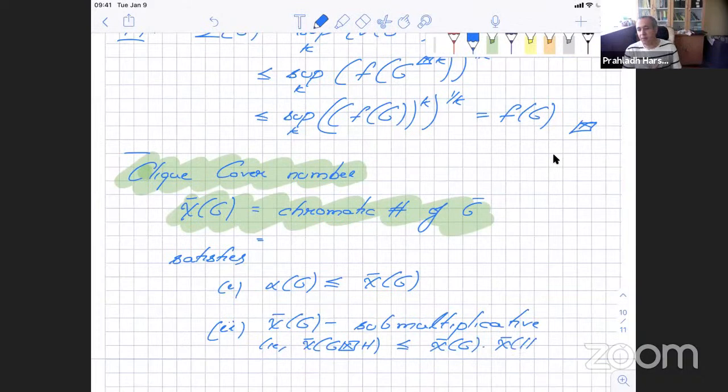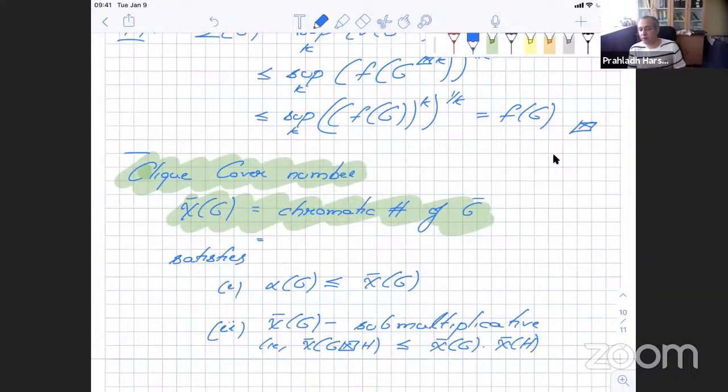If you take the best partition of G into cliques and the best partition of H into cliques, and take all the product cliques, that will be a partition of G strong product H. That will be a clique partition. But there could potentially be an even better, smaller clique partition.